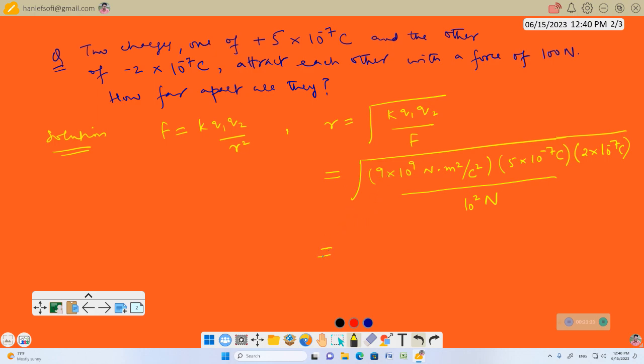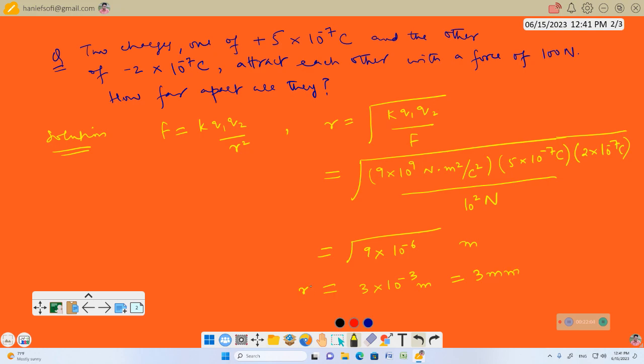So when you solve it, first when you calculate the numbers, it will turn out to be 9 into 10 raised to the power minus 6 meter squared, and the root of that gives the answer. So that means it is 3 into 10 raised to the power minus 3 meter, which can be written as 3 millimeter.